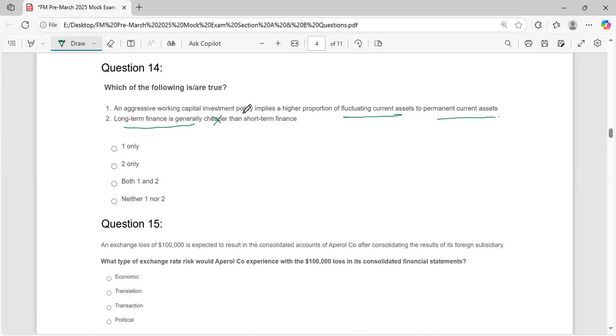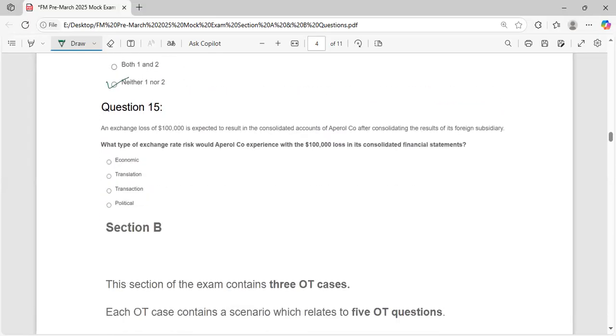Aggressive policy implies a higher proportion of fluctuating current assets. Aggressive policy is the one where we have a lower amount of investment in working capital. So both the statements will be considered incorrect.